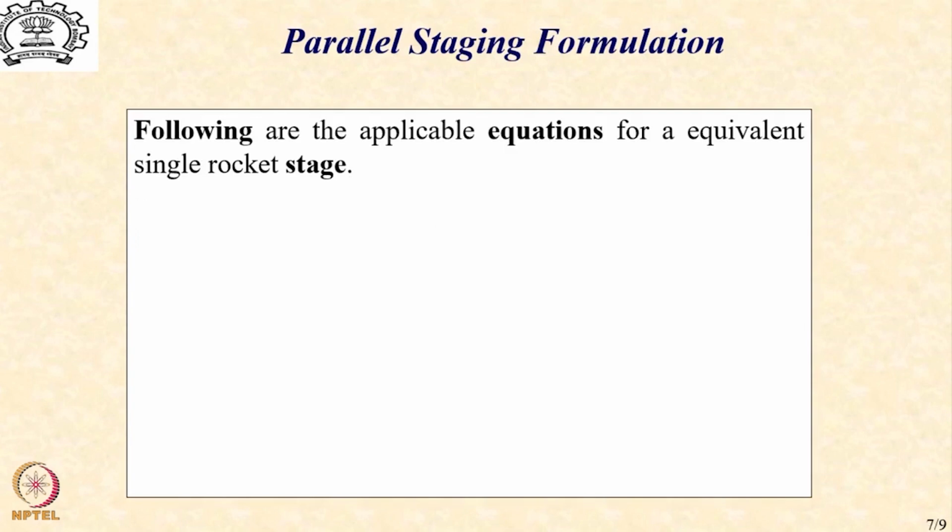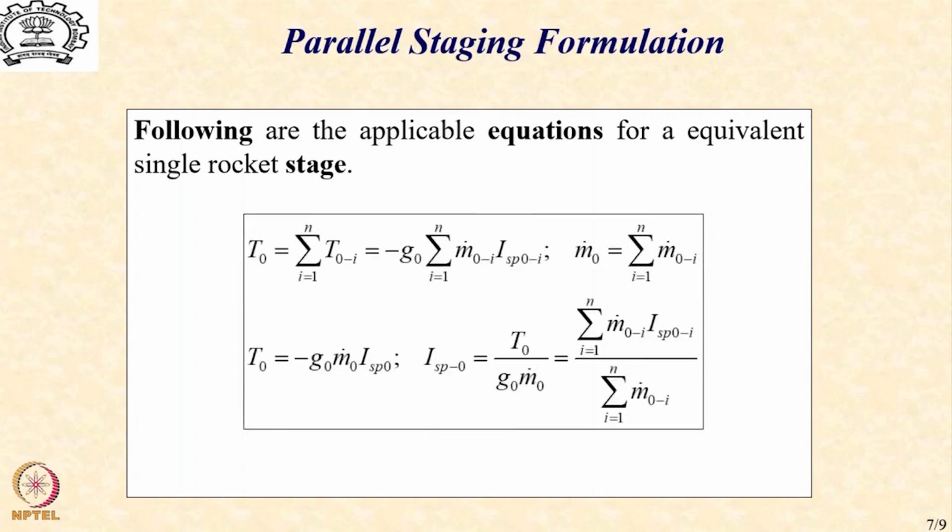So, following are the applicable equations for an equivalent single rocket stage for performance and design calculations, that is derived from more than one rockets of different capabilities firing together.